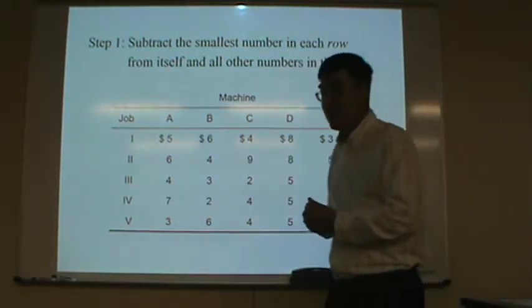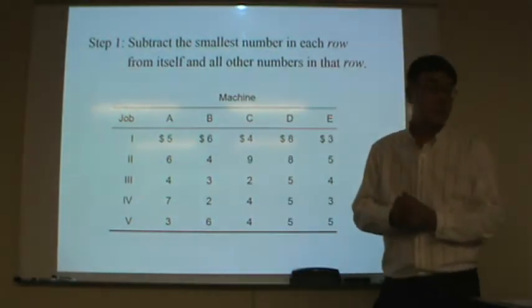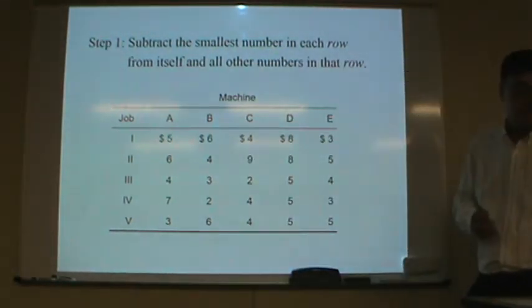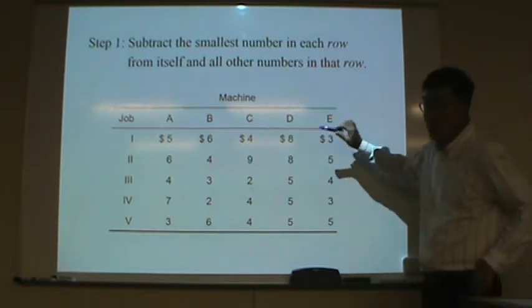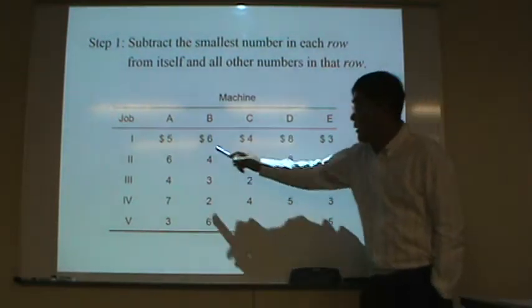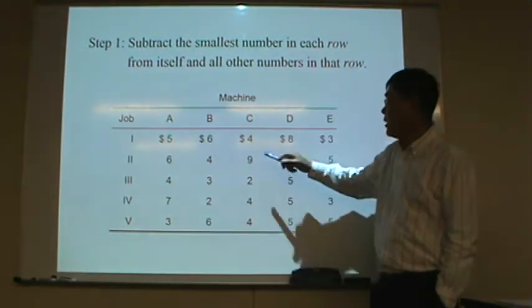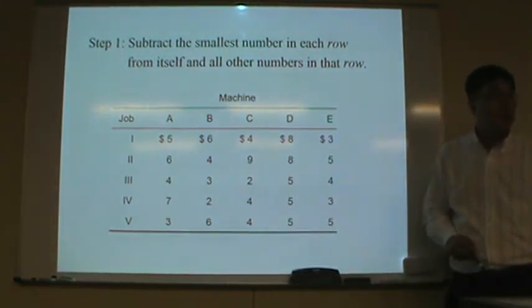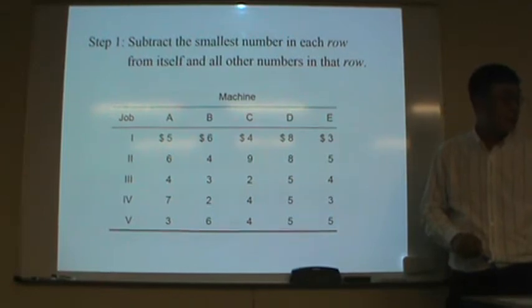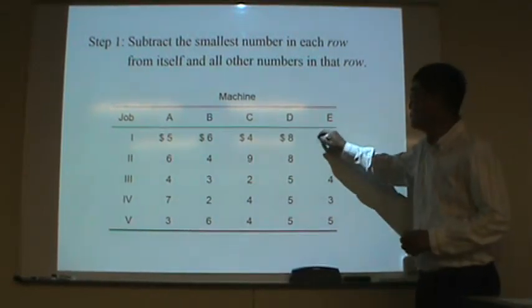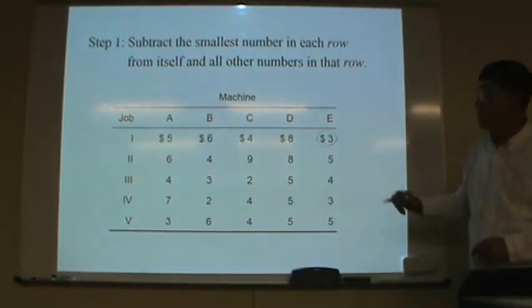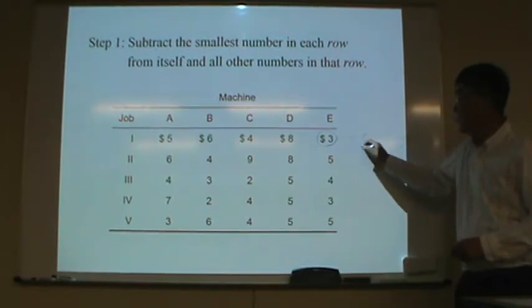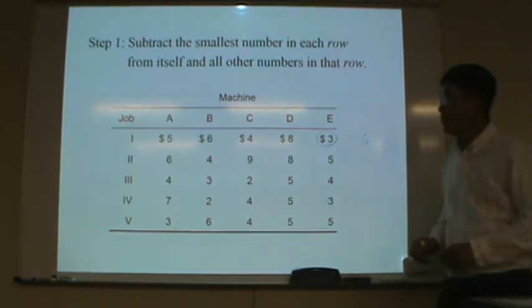Row is horizontal, right? First row: $5, $6, $4, $8, $3. Which one is the smallest? $3. Subtract 3 from each one.